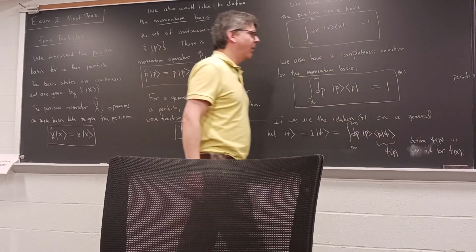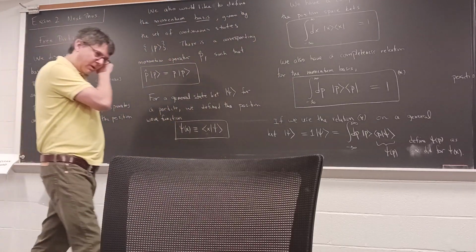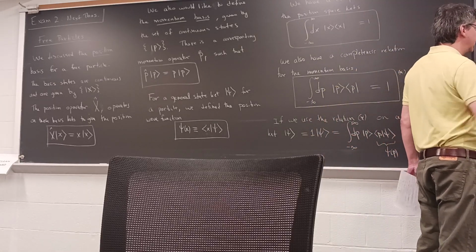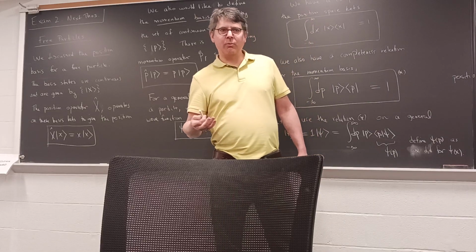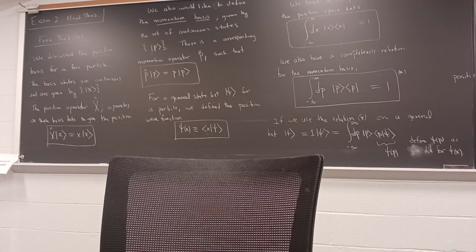Okay, so we have two ways to think about a free particle, or in general, we'll be able to think about other particles in two different ways. We can think of them as the representation in x space, or we can think of them as a representation in the momentum space. Some people would put a tilde over the psi here, but it's a function of p, so you know it's a different function.